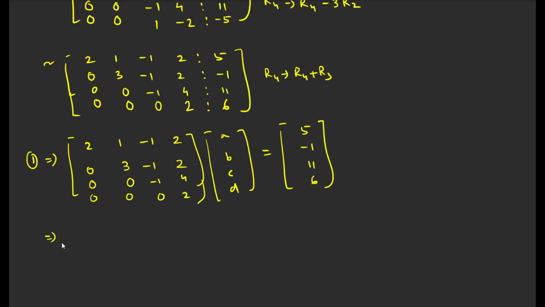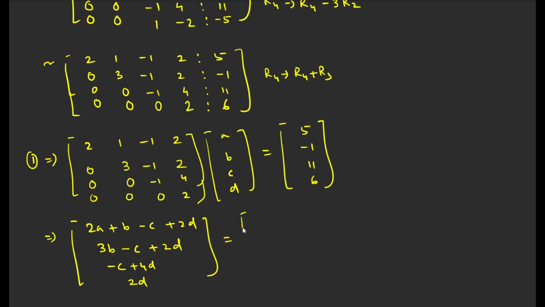So if you multiply, how many equations will you get? First is 2A plus B minus C plus 2D. Then it will be 3B minus C plus 2D. And then minus C plus 4D. And then last is only 2D. Okay. And our right side is 5, minus 1, 11, and then 6.